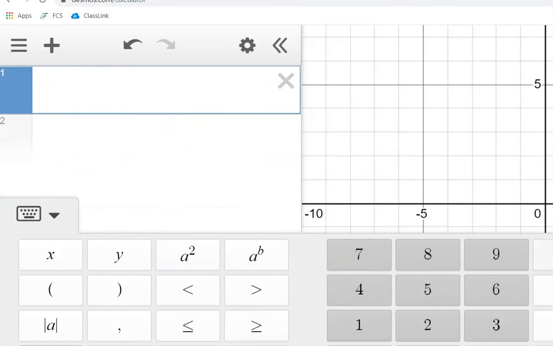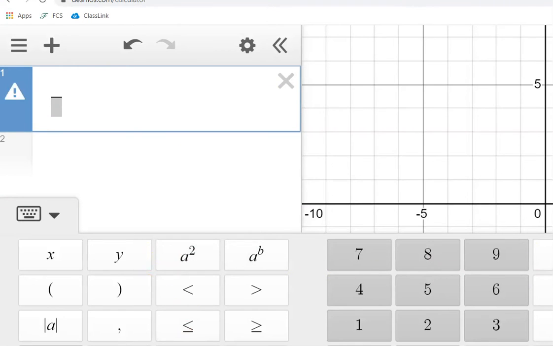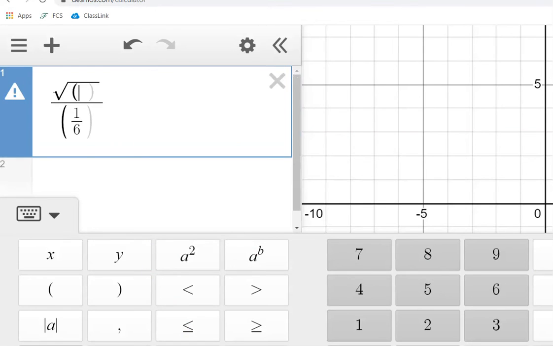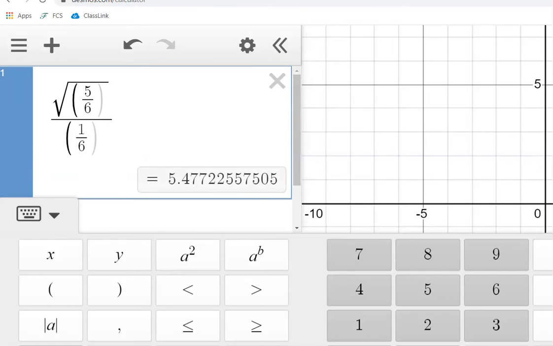All right, so I'm going to start off by doing my fraction so that I can get a square root in the numerator. And in the denominator, I'm going to do my 1 over 6. And up here in the numerator, I'm going to do my 5 over 6. All right, it gives me my standard deviation of 5.48.